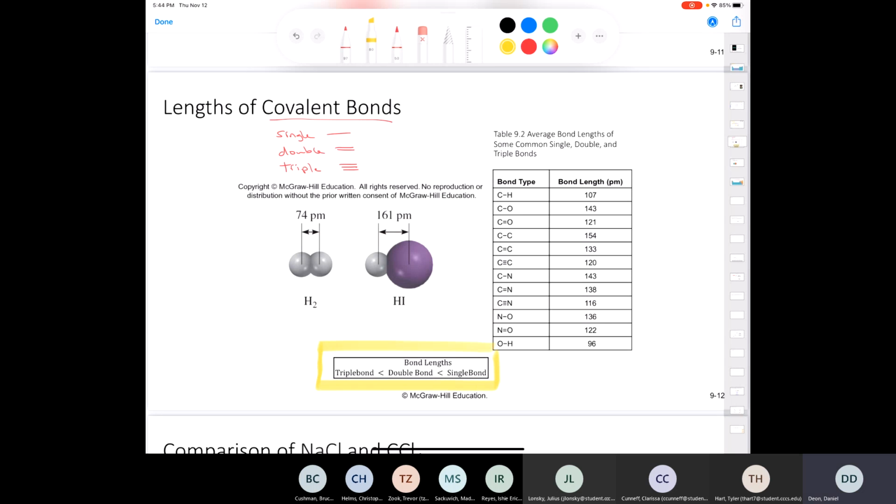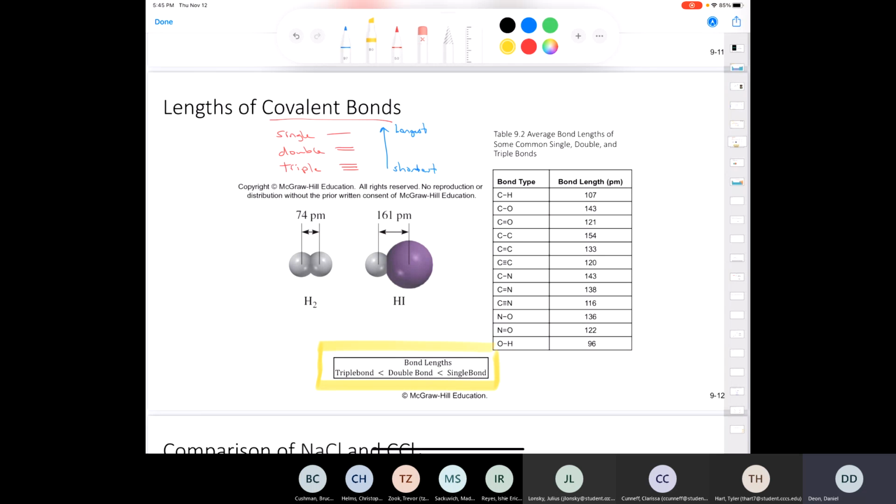A single bond is the longest, and a triple bond is the shortest. The reason why a triple bond is shorter than a double or a single is because every time you have electrons being shared between 2 atoms, the atoms have to get closer and closer in order for those electrons to be shared.